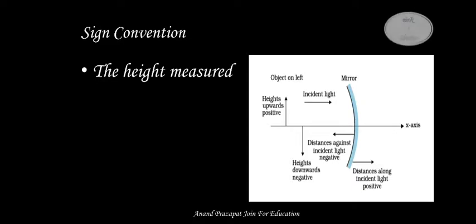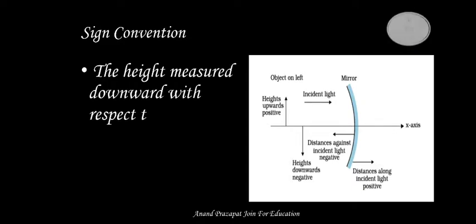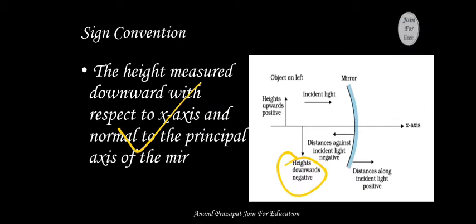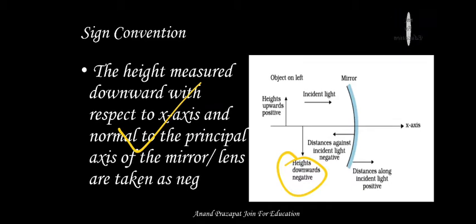The heights measured downward with respect to the x-axis and normal to the principal axis of the mirror or lens are taken as negative. So this distance is negative.